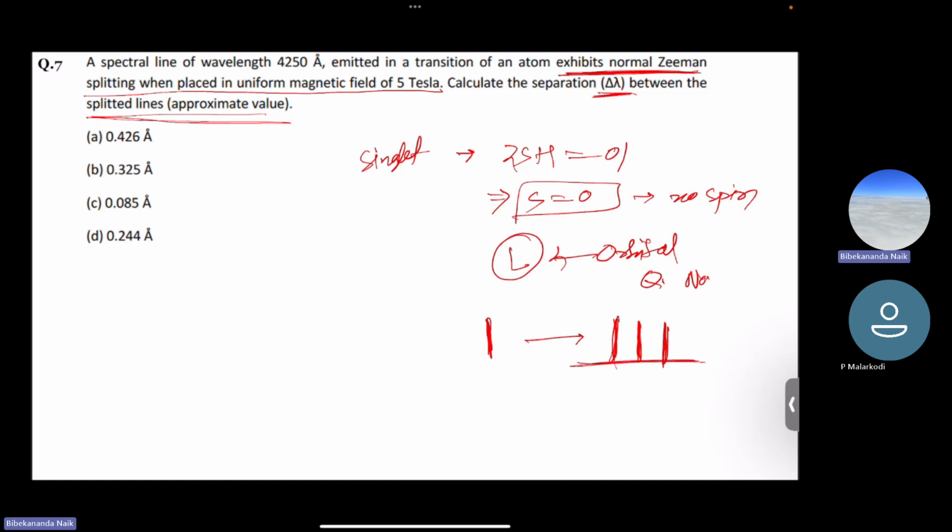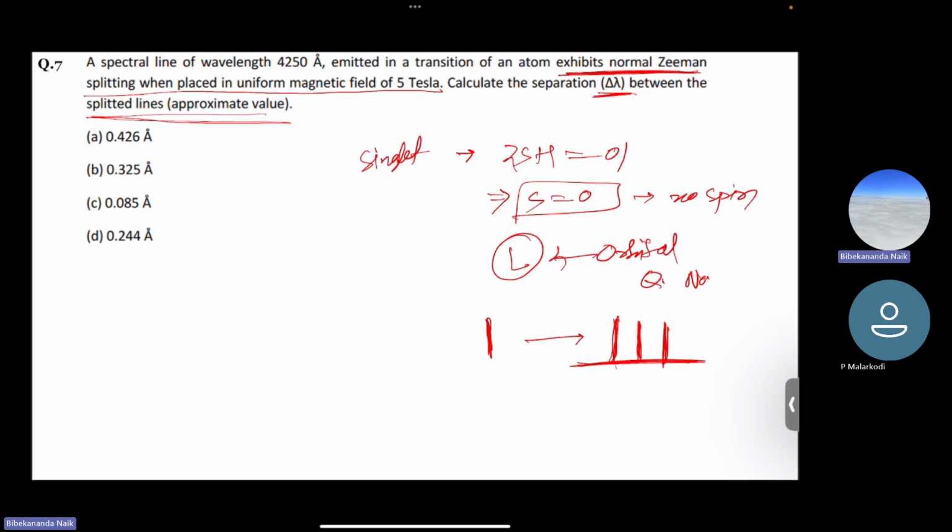Why will it split into 3 equal transitions? Because due to the orbital motion of the electron, there is an orbital magnetic moment, and when the atom is placed in an external magnetic field, there is interaction between the magnetic field and the orbital magnetic moment.